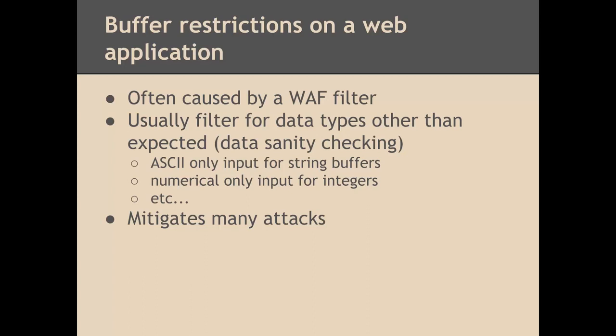Usually if you're trying to, for instance, specify memory addresses, that's not going to play out as valid ASCII bytes. So this actually mitigates many attacks, and there is a way around this mitigation. It's in the form of polymorphic shellcode and encoding, and we'll get into that at the end of this lecture.